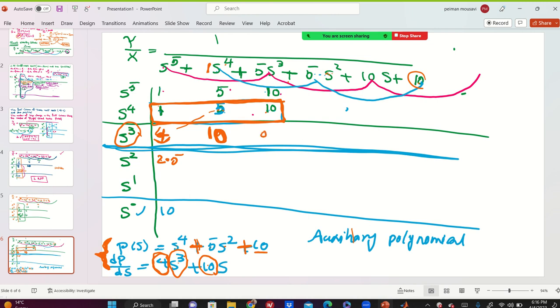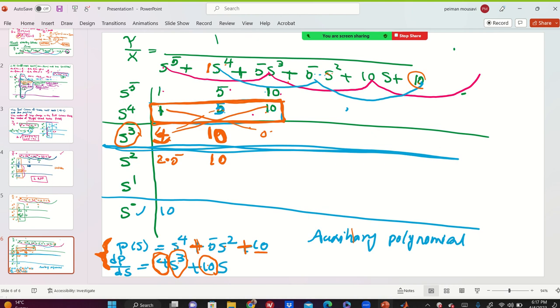And here is 0 actually, because there's nothing. 40 minus 0 divided by 4 is 10. Here we go. This multiplied by this minus this multiplied by this, divided by 4. Everybody understand?